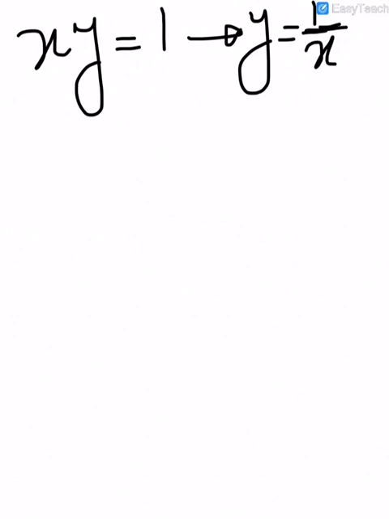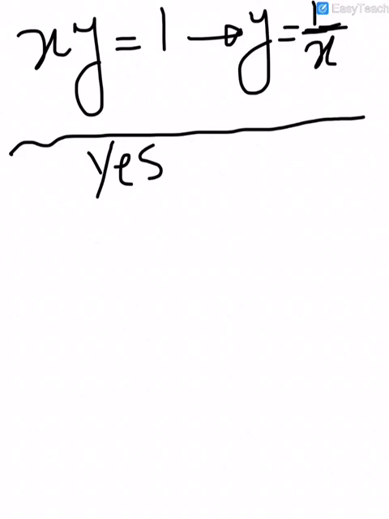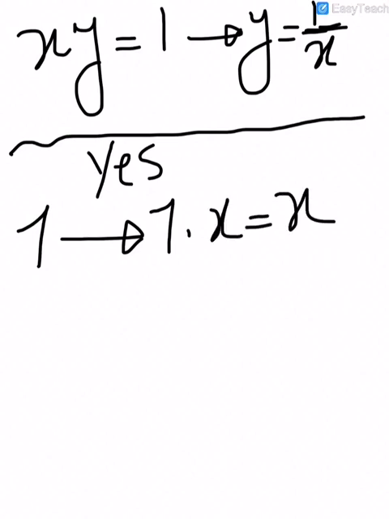Now, do we have the inverse of a matrix also? The answer is yes. But how do we define it? As we discussed, 1 is a special number in the area of numbers, right? Why? Because if you multiply 1 with any number, you are going to get the same number without any change.